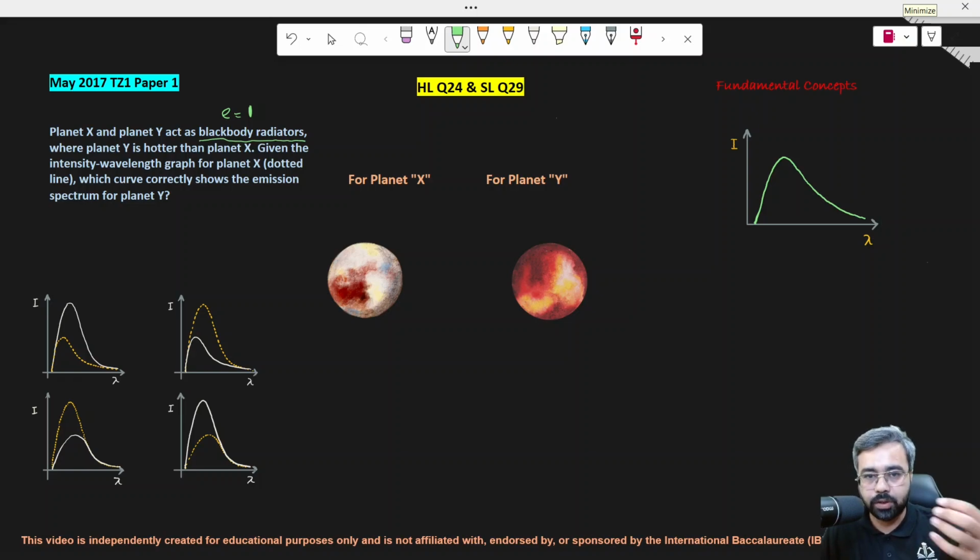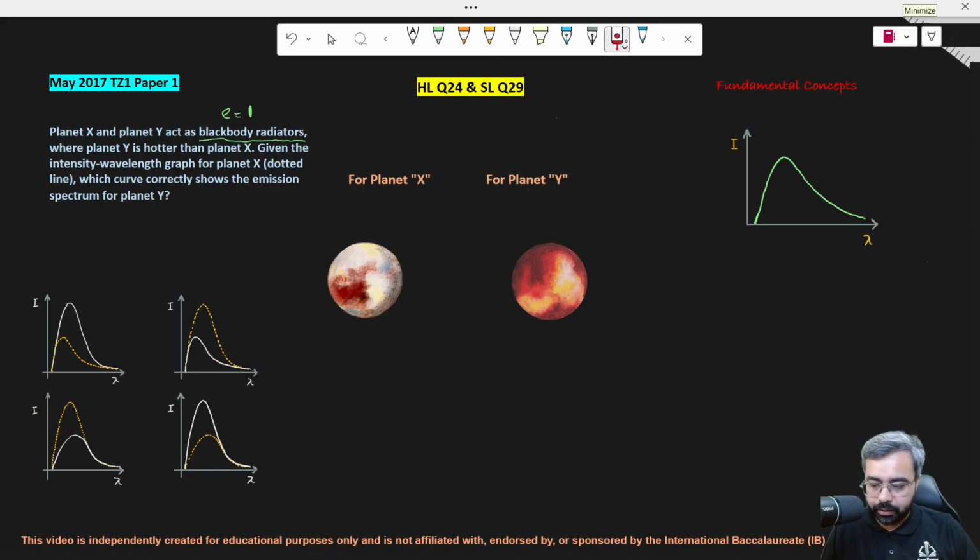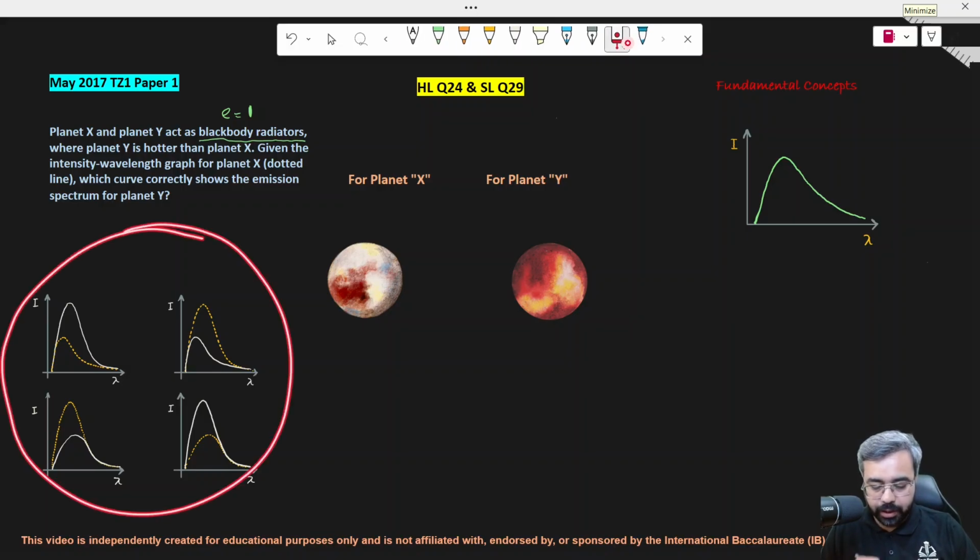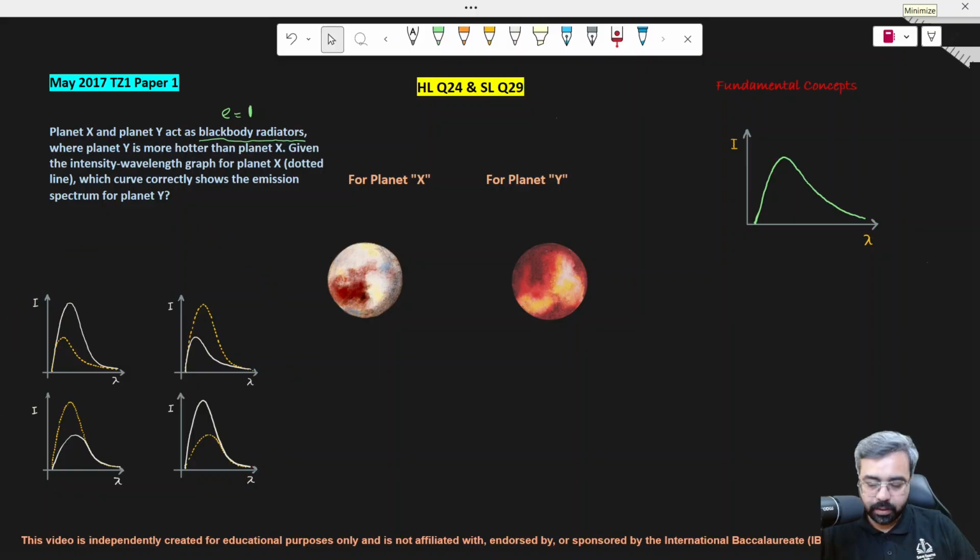So both of these planets are radiating all of their energy in the form of radiation, and we are given the intensity and wavelength curve in these options. According to the question, planet X is less hot and Y is hotter, which means Ty is more than Tx.